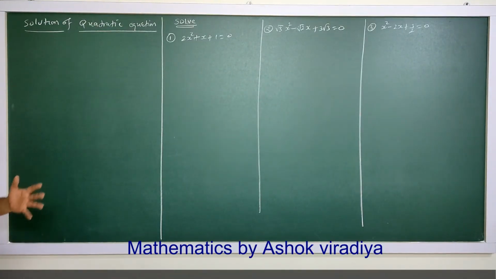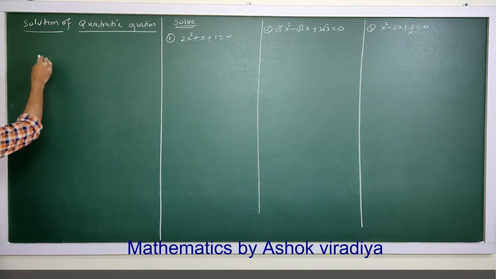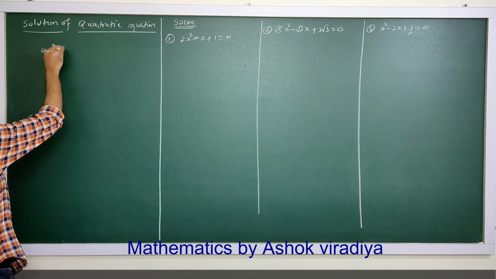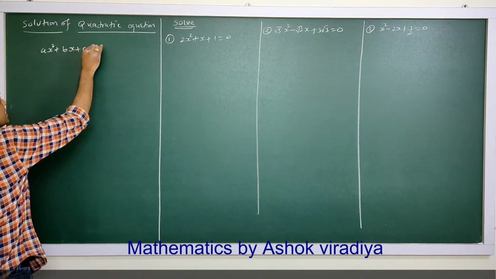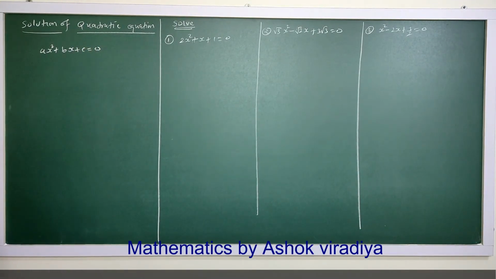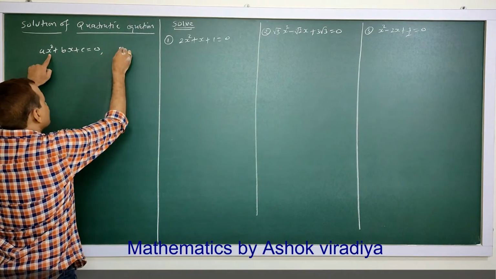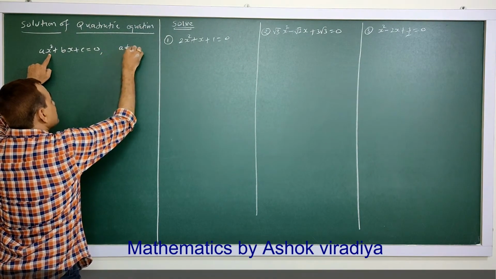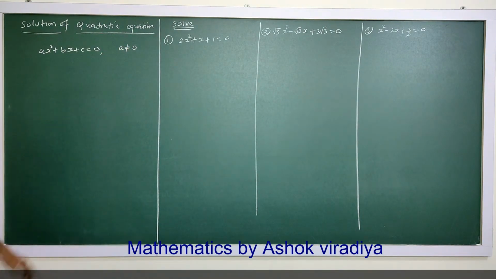Solution of a quadratic equation. If ax square plus bx plus c equal to 0, this is a quadratic equation if the coefficient of x square, a, is not 0. This is non-zero, then it is a quadratic equation.